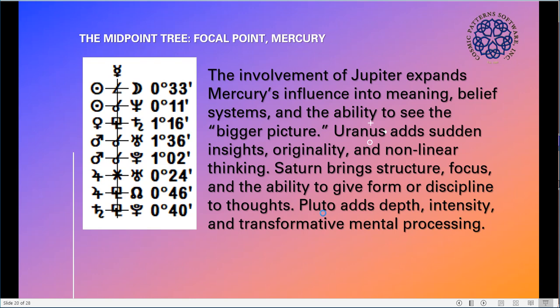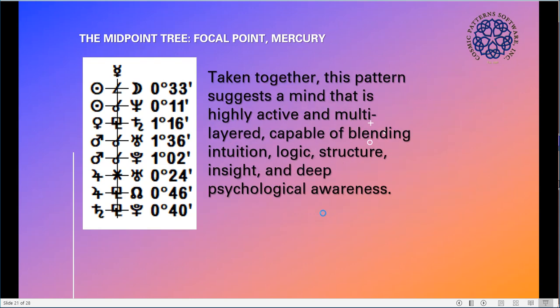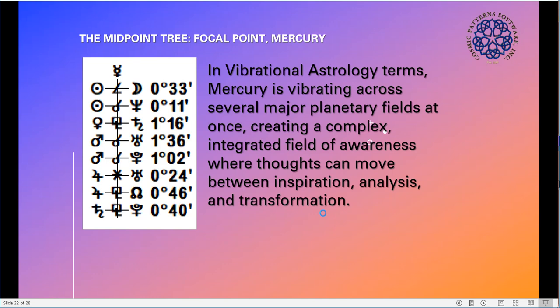Pluto adds depth, intensity, and transformative mental processing. Taking all of this together, this pattern suggests a mind that is highly active and multi-layered, capable of blending intuition, logic, structure, insights, and deep psychological awareness.